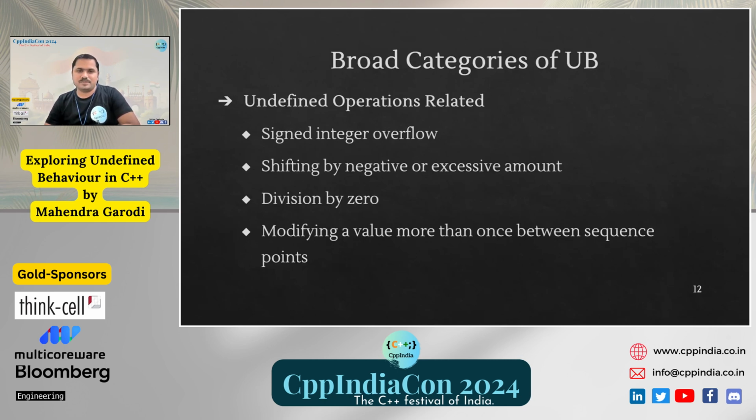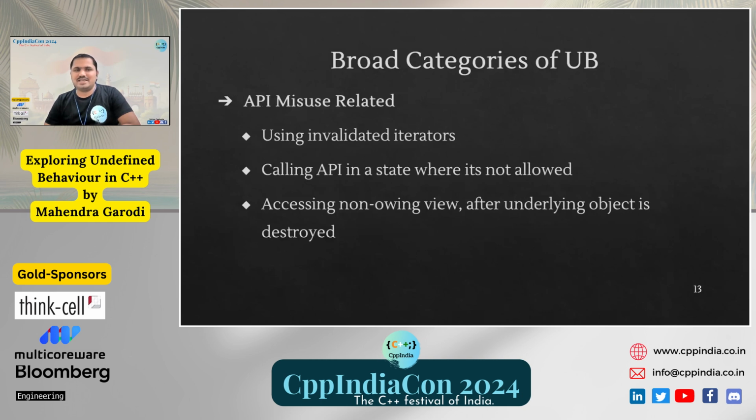Something like this. And the second last category is API misuse related, where there is an object and it is not in a valid state where you can call a particular API. That API has some constraint. For example, you have a std::vector and you call the subscript operator with a value that goes out of bound. It is not in that state, so that can also be a UB.